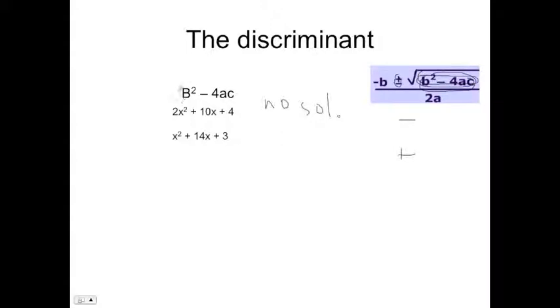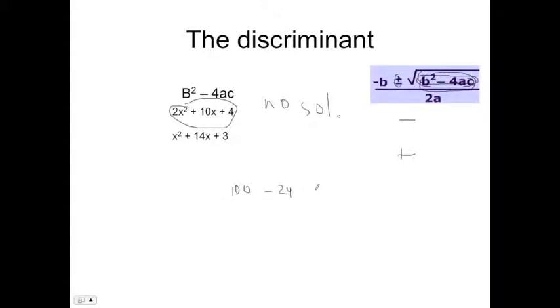So let's find the discriminant for this equation. b squared would be 100, minus 4ac, where a is equal to 2 and c is equal to 4. So 2 times 4 is 8, times 4 is 32.